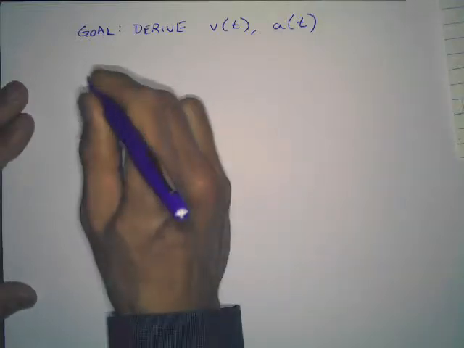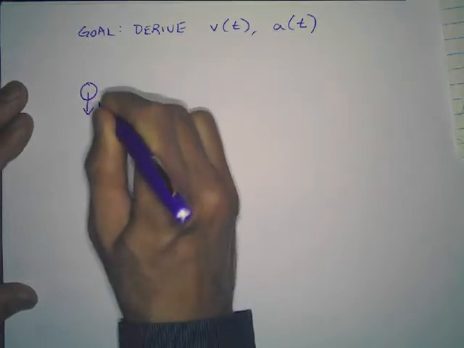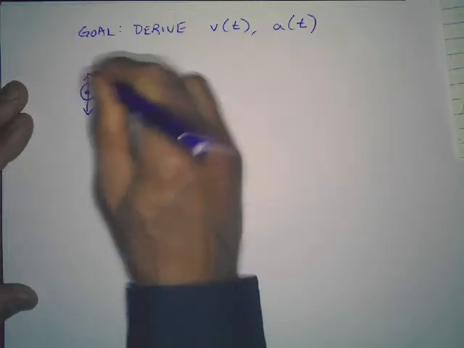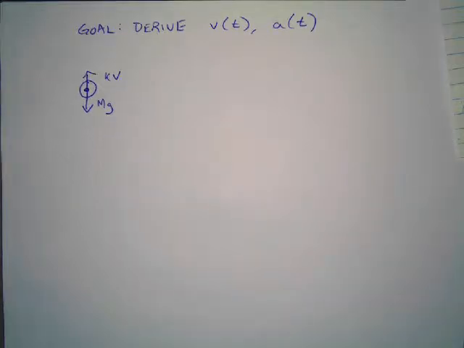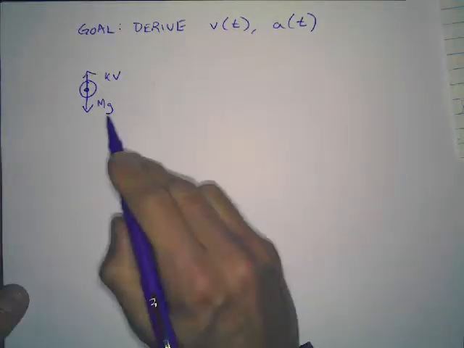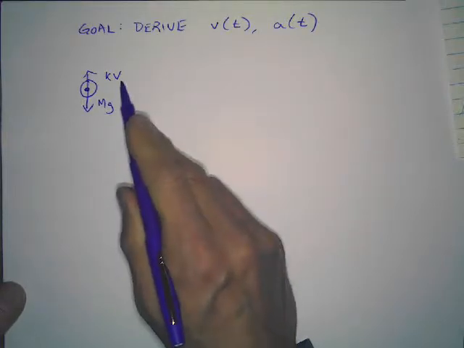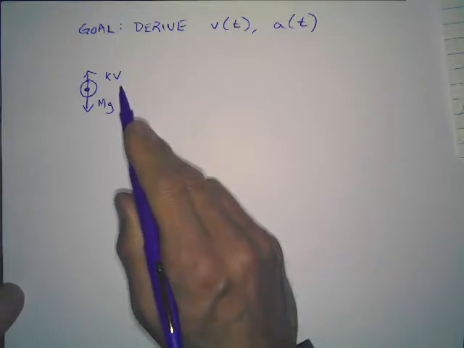I'm going to sketch a free body diagram. And on the diagram, I'm going to label, of course, the weight, and I'm going to put the drag force up here, and I'm going to use the k times v drag force. So this is the first one, the low speed one.